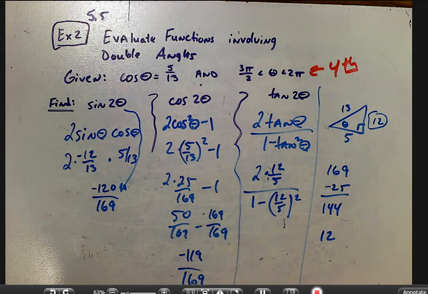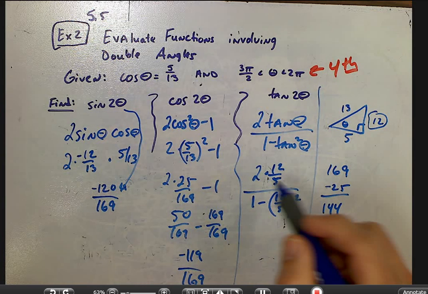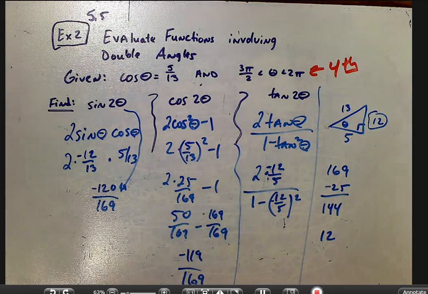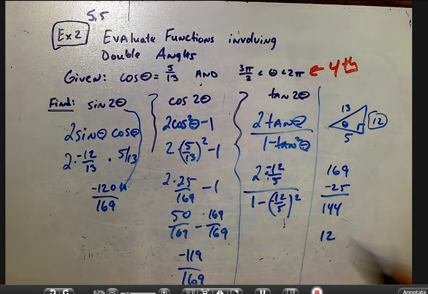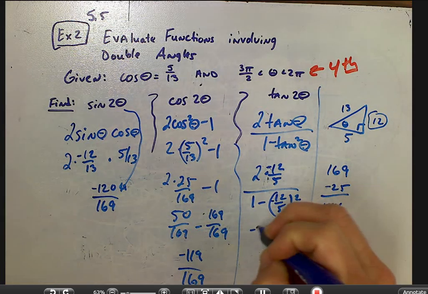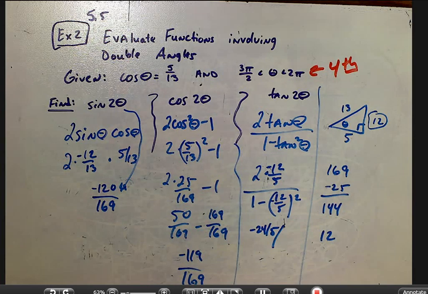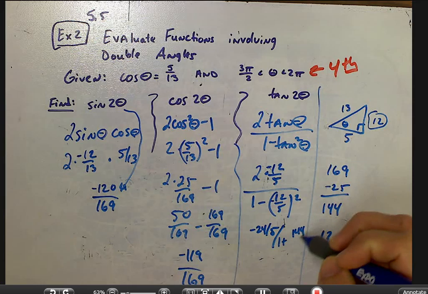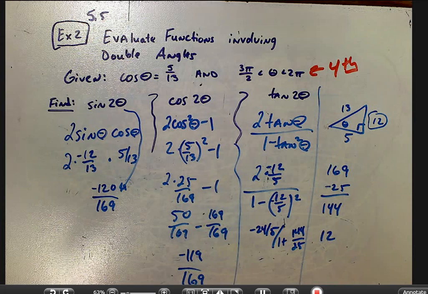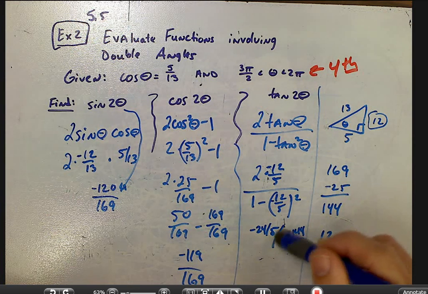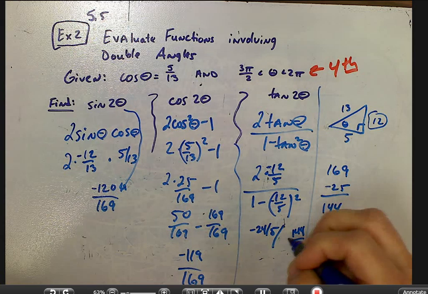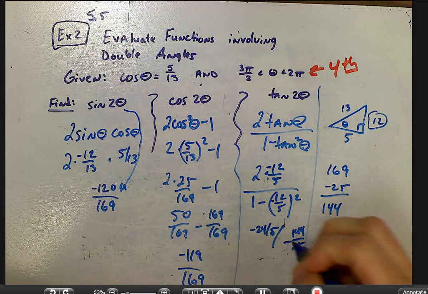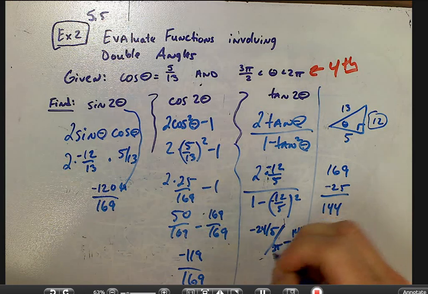To work on simplifying this, 2 times, now again, this is going to be negative 12/5, because tangent is negative in the fourth quadrant. So that gives me negative 24/5 on top. On the bottom, that'll give me 1 plus 144 over 25, because that's the square top and bottom. Sorry, that's subtraction. I don't want to put addition there. It's still subtraction. I'll change the 1 into 25/25.